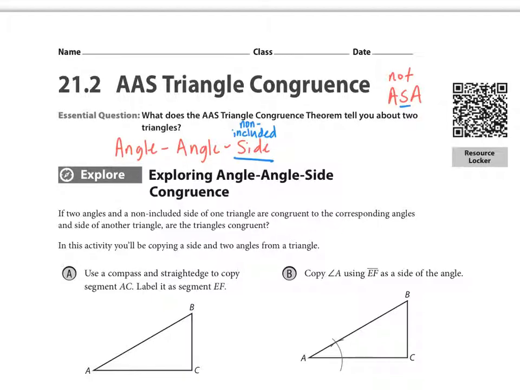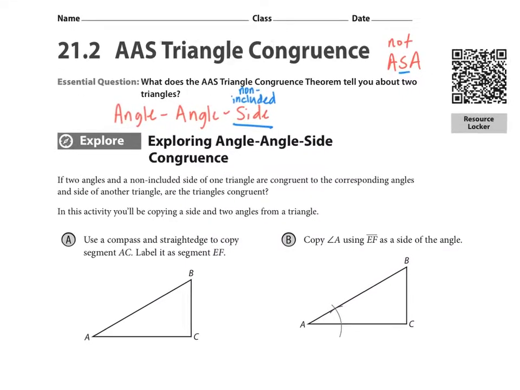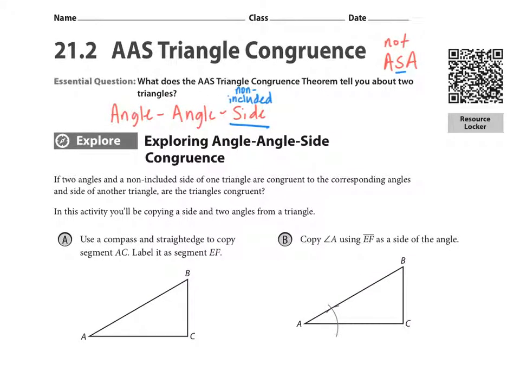So we still need 3 pairs of parts to be congruent between triangles to know that the triangles are congruent. And those 3 parts happen to be 2 pairs of angles, just like our first one, but the non-included side this time. As an example, if we're looking at angle A and angle B in this first triangle at the bottom, then the included side is AB, in between those 2 angles that we're focusing on.